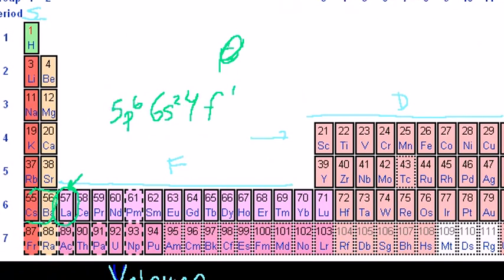And then it would fill out these 10 in the D block, right there, that are in the 5th period. But remember, you subtract 1 from the D block. So it would be 4d10. And then it's 5s2. And you just keep going back that way.